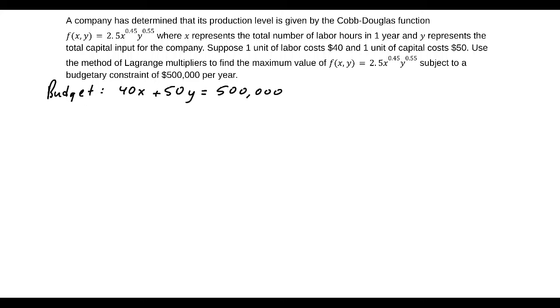We're going to write another function. That's our restriction function. It's g of x comma y equal to 40x plus 50y minus 500,000. We'll use that budget as our restriction.